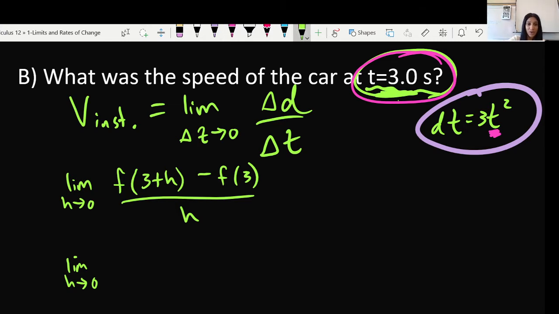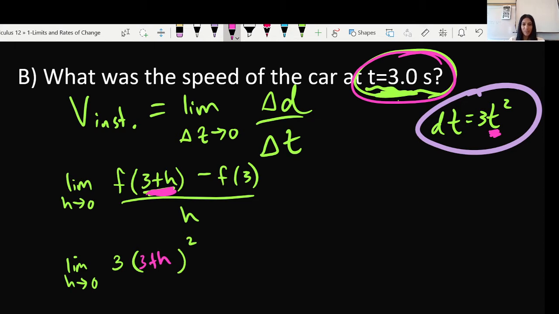So in my equation, since the overall function is 3t squared, I'm doing 3, and I'm going to do this to show you, instead of 3t squared, wherever I see a t, I am plugging in this f of 3 plus h. So I'm actually going to do 3. I don't know what the best color is to use to make this clear to you, but I'm hoping this will help you to visually be able to tell what's going on.